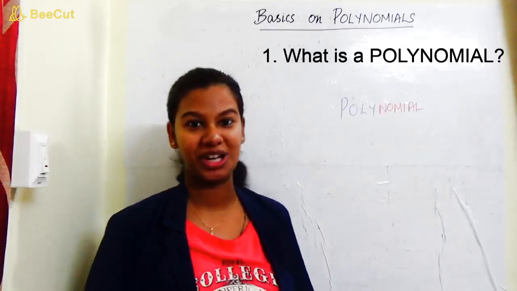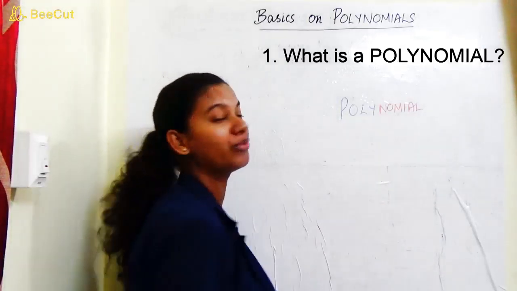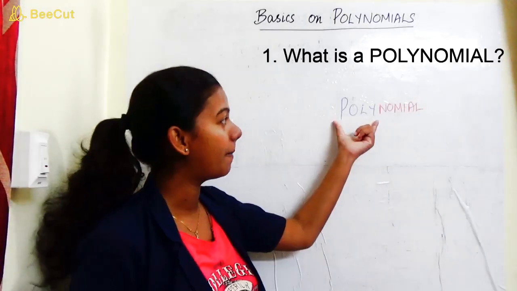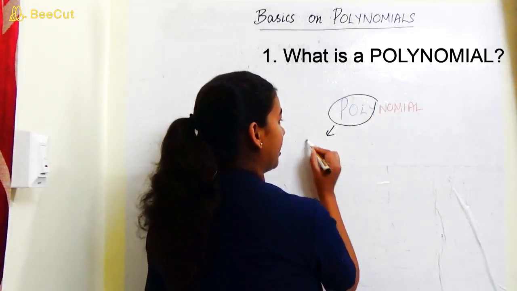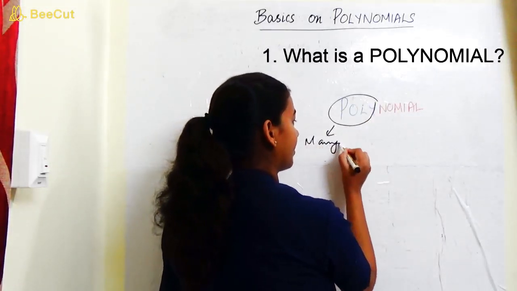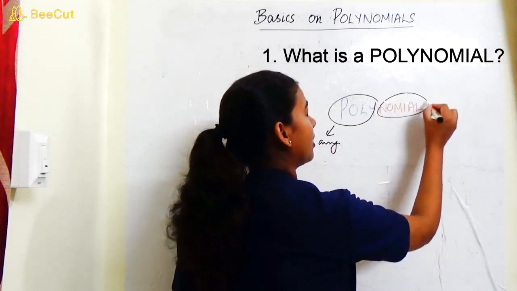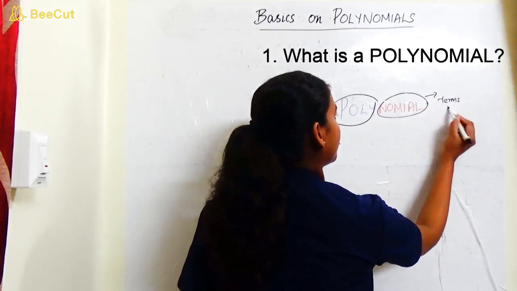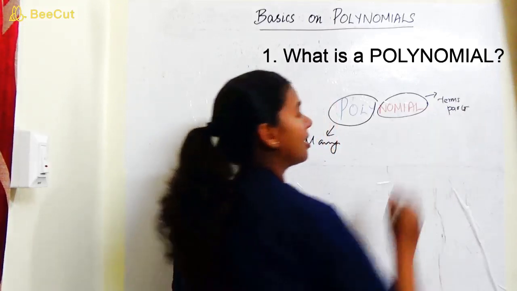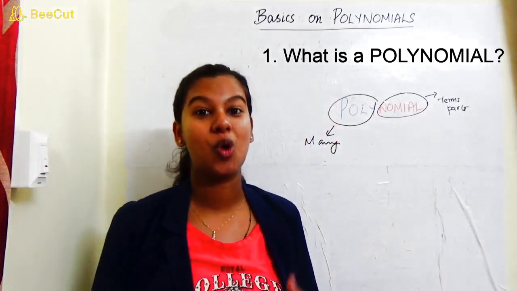About the term polynomial, I put it in different colors to show that poly means many and nomial means terms or parts. I already told you what terms are.